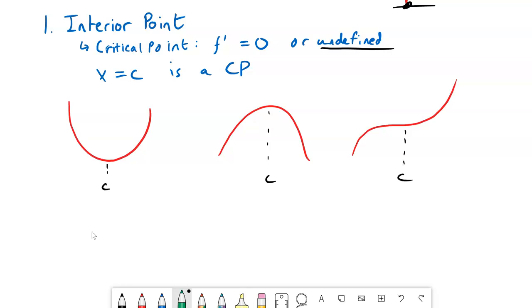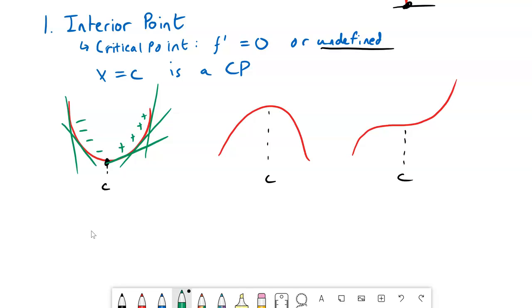So notice that at this critical point, everything to the right of it has a positive derivative. The slope of the tangent lines at every point here is positive. Similarly, on the left-hand side, everything is negative. Taking tangent lines, they're all negative slopes.